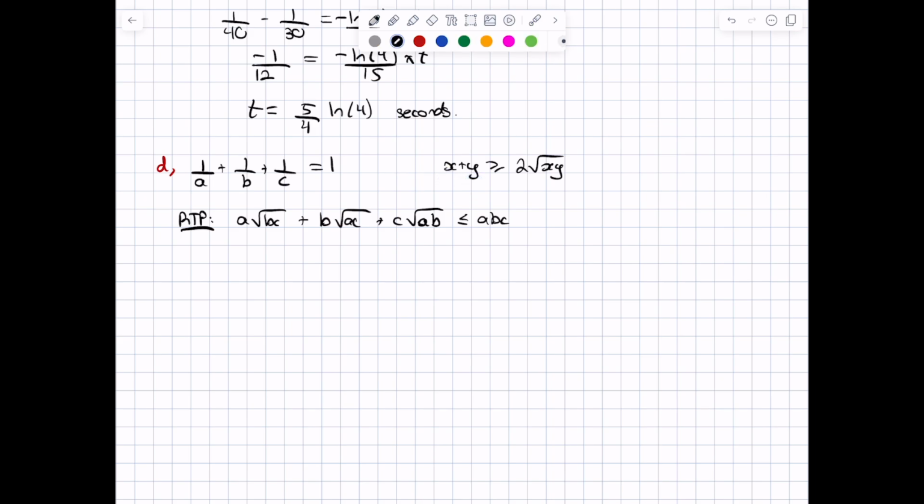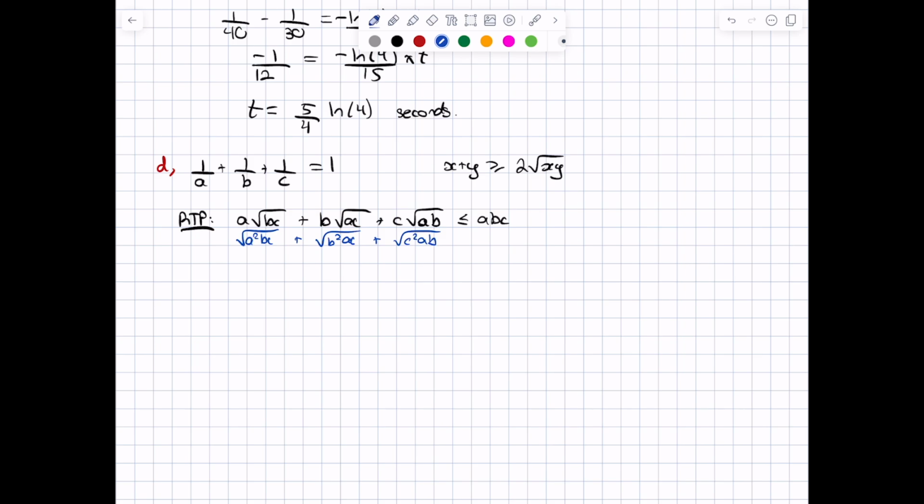Well, if I just rewrite that left-hand side as the square root of a squared bc plus the square root of b squared ac plus the square root of c squared ab, then we might be able to make a smarter choice for what x and y are going to be. It also looks like we're going to have to apply this inequality 3 times and cycle through variables, which is a very common technique with inequalities.